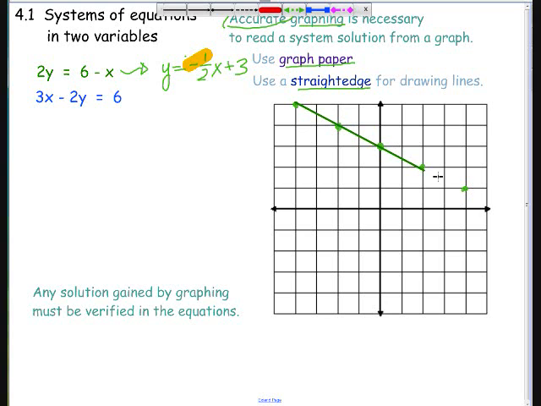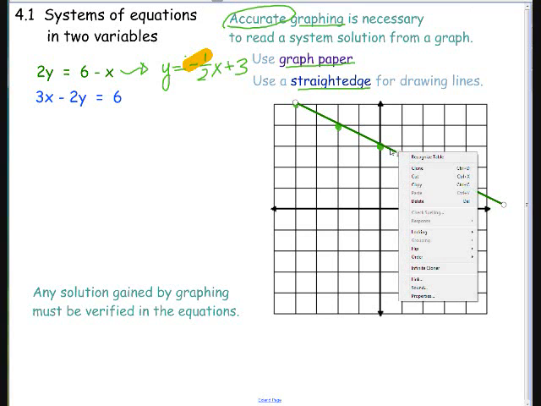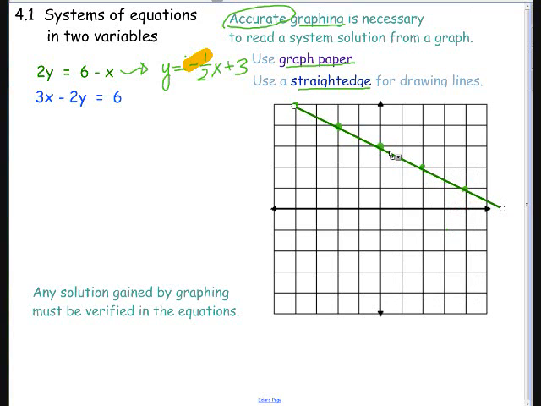So this line would look, I'm going to put it right there, and I'm going to rearrange it a little bit just so it's as accurate as I can get it with what I'm working with. There are limitations to what you can do graphically. So there's the first equation.